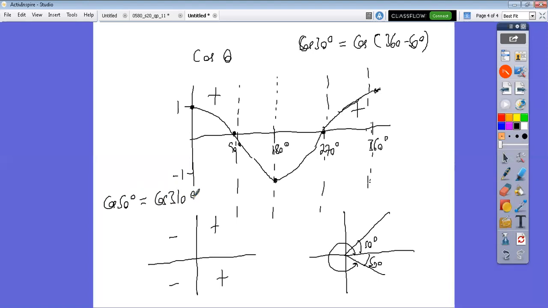Check that in a calculator, Samantha: do cos 310, then do cos 50, and you should get the same answer. Clear? Yes, sir, that is the same answer.